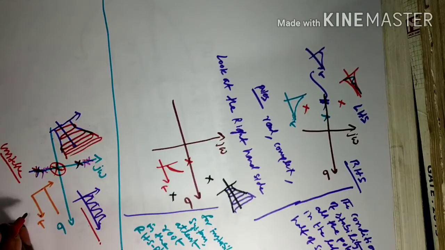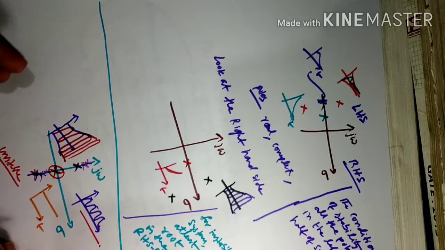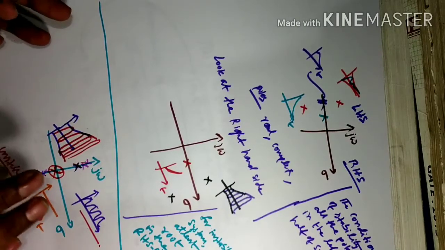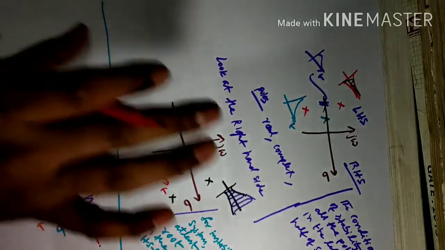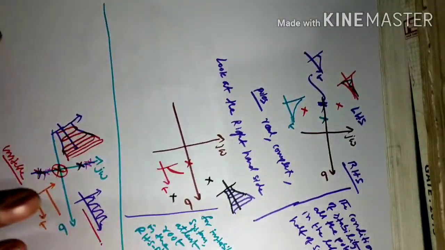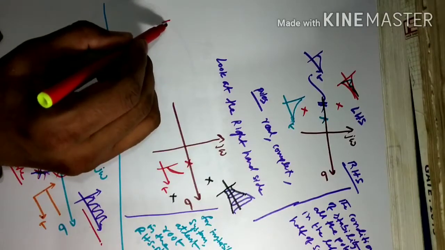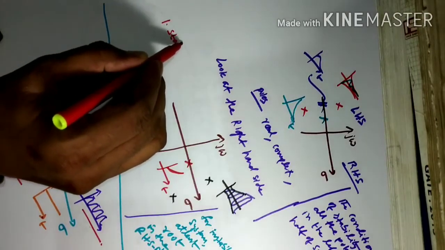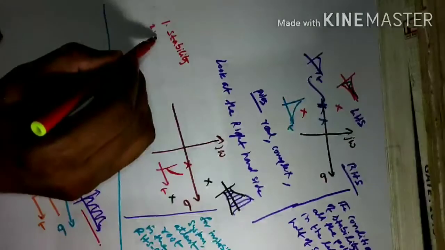Okay, so now the marginally stable system. We have seen stability, we have seen instability, and next we are going to see marginal stability. Throughout this stability analysis, we are going to see three important terms. The first term is stability. The second term is instability.